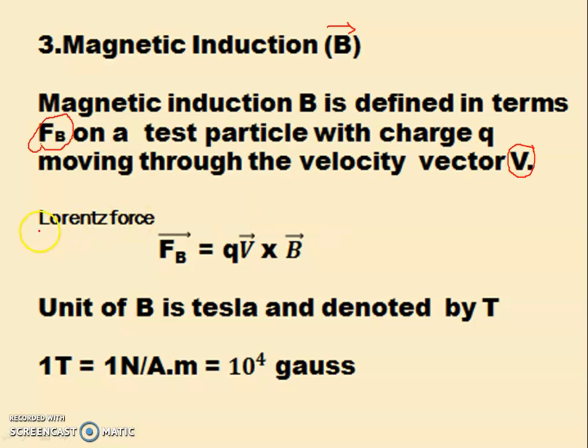Using the Lorentz force equation, vector F_B is equal to q into vector v cross vector B. The unit of B is tesla, denoted by capital T. 1 tesla is equal to 1 newton per ampere meter, which is equal to 10 raised to 4 gauss.